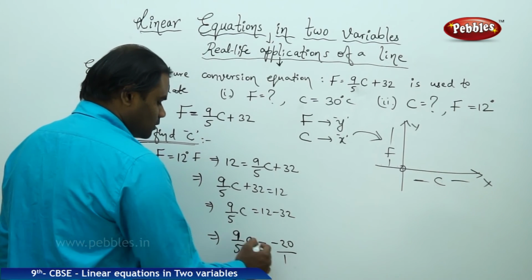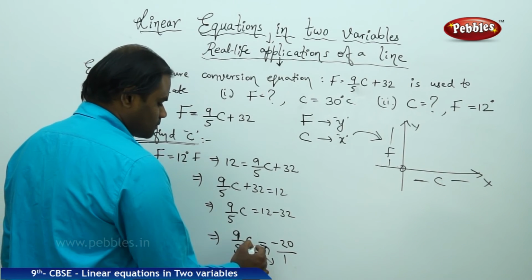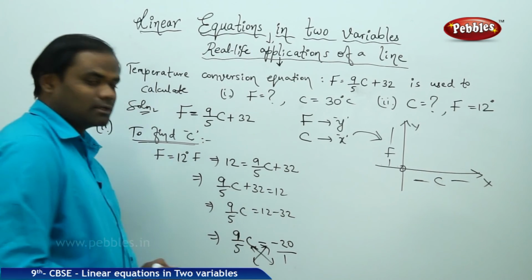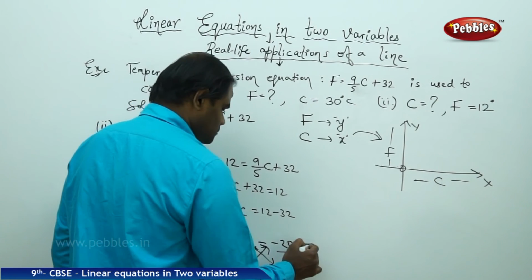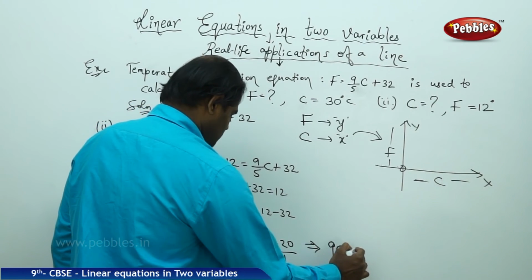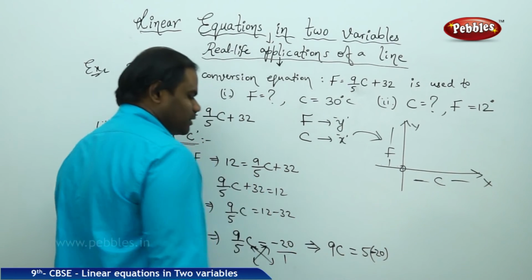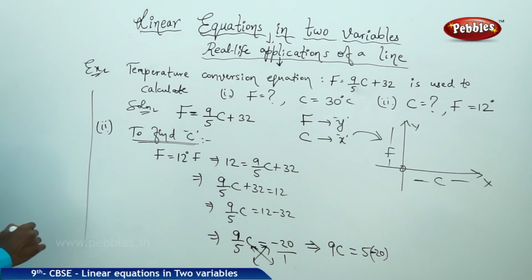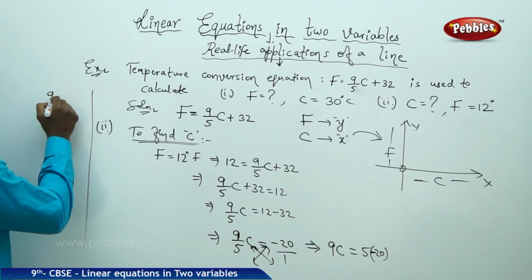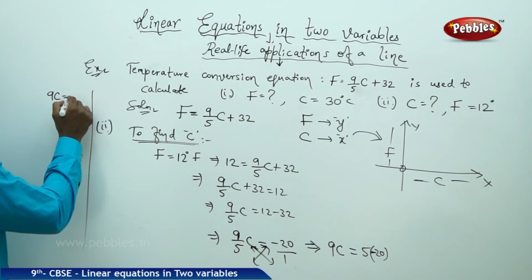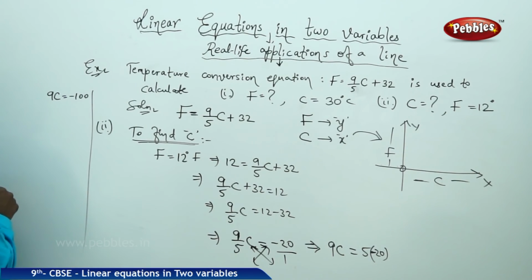And then on cross multiplication, 9C is 5 times minus 20, which on further simplification gives us 9C is minus 100.